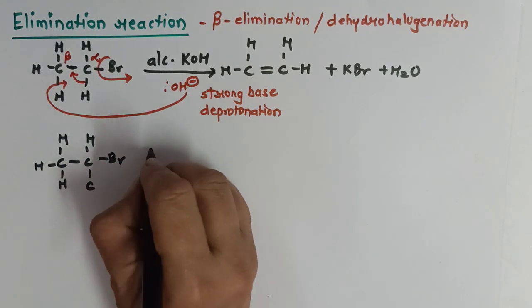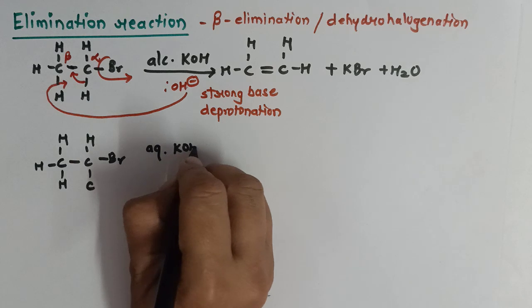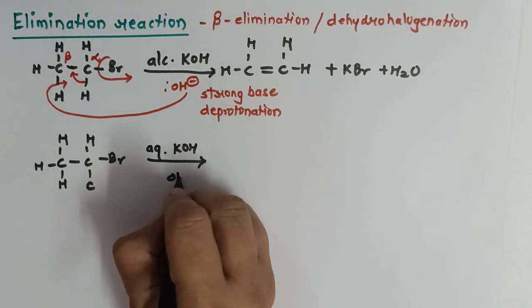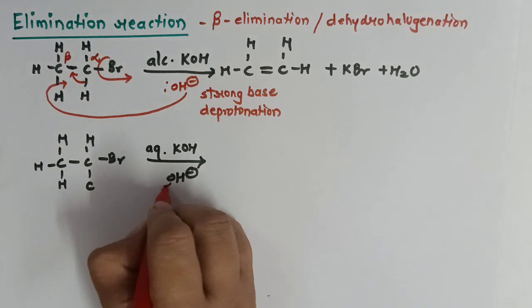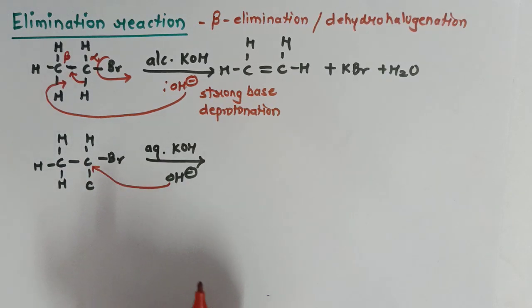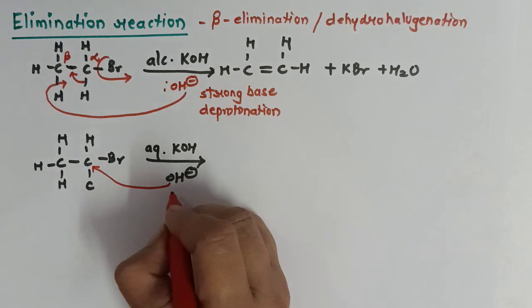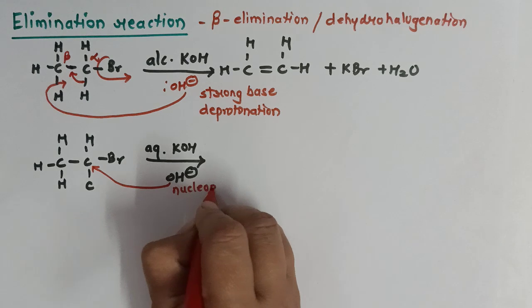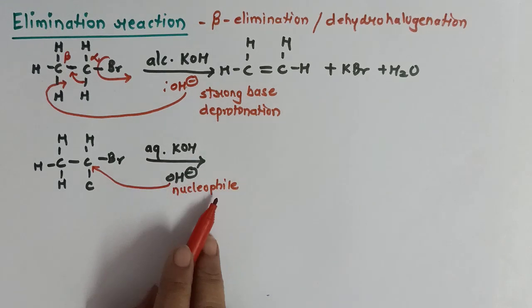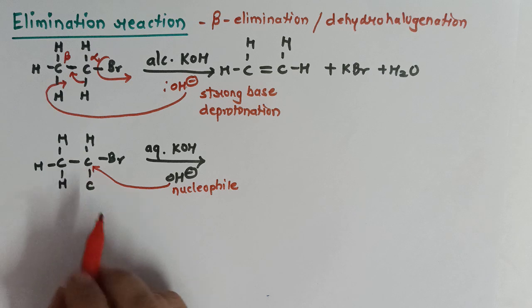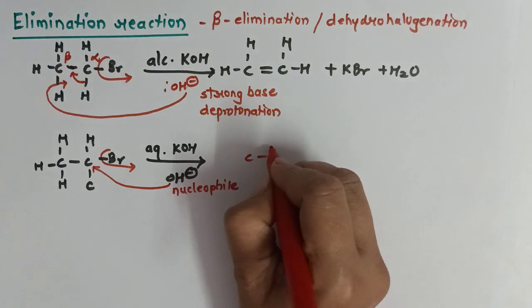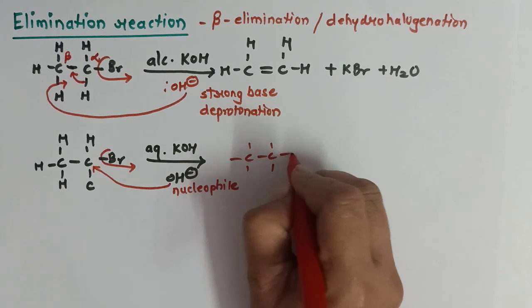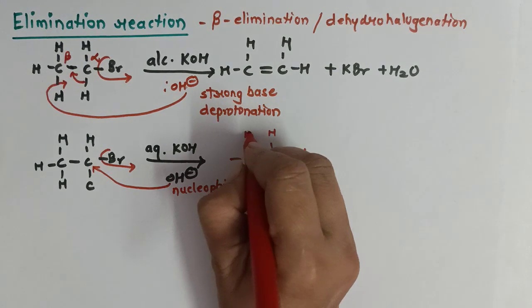Bromoethane, when it is treated with aqueous KOH, now the lone pair of this hydroxyl is given to electron deficient carbon atom, and therefore hydroxyl here will act as a nucleophile, and therefore it gets substituted. Bromine being a leaving group, it departs, and as a result we get alcohol as the product.